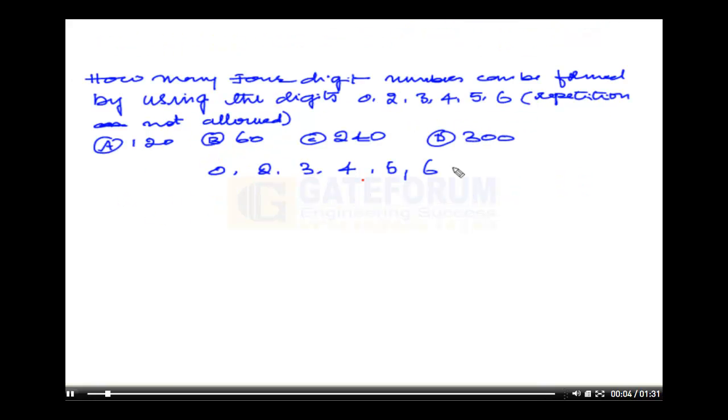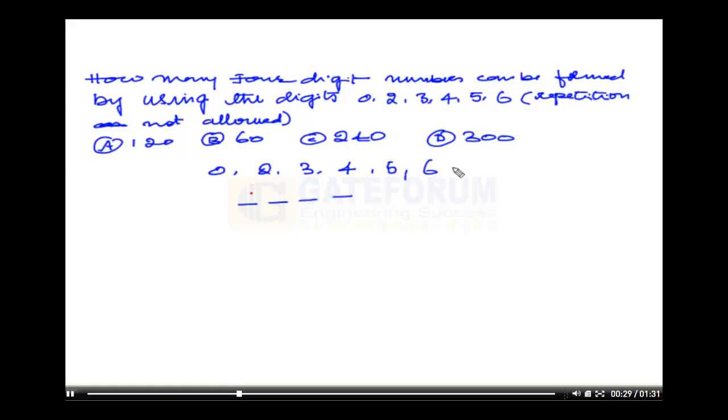We have to find 4 digit numbers using the given digits where repetition is not allowed. So therefore, first I consider 4 places for 4 digits. Among the digits given, there is 0, which cannot be placed in the thousands place.